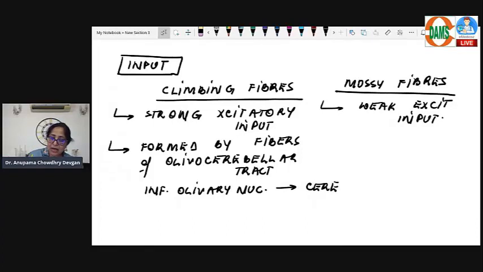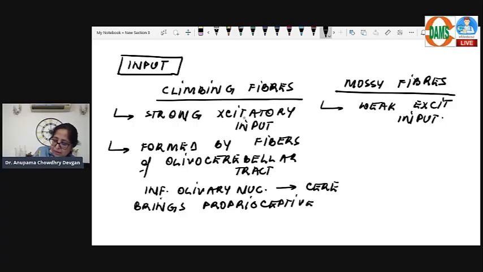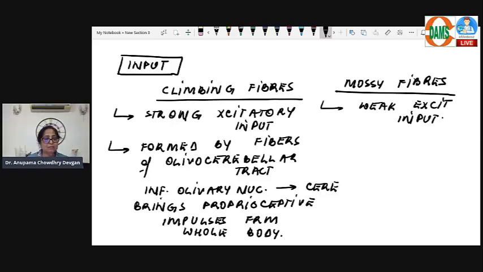Now, the olivocerebellar tract brings proprioceptive impulses from the whole body. This is the inferior olivary nucleus to the cerebellum, the olivocerebellar tract.